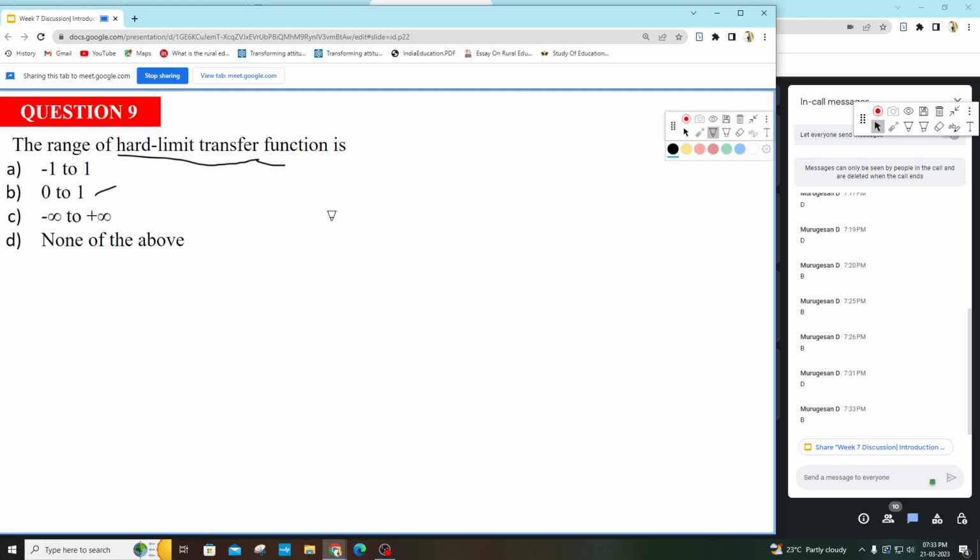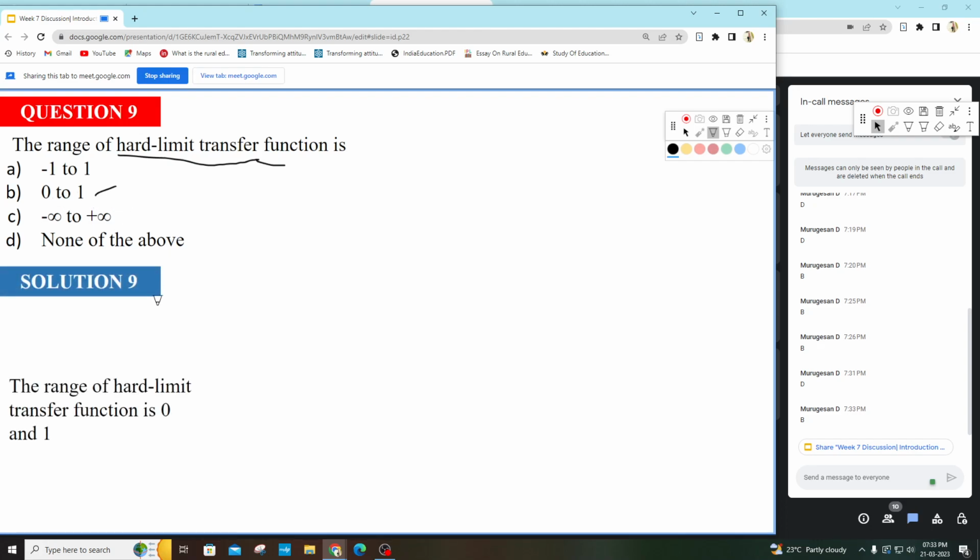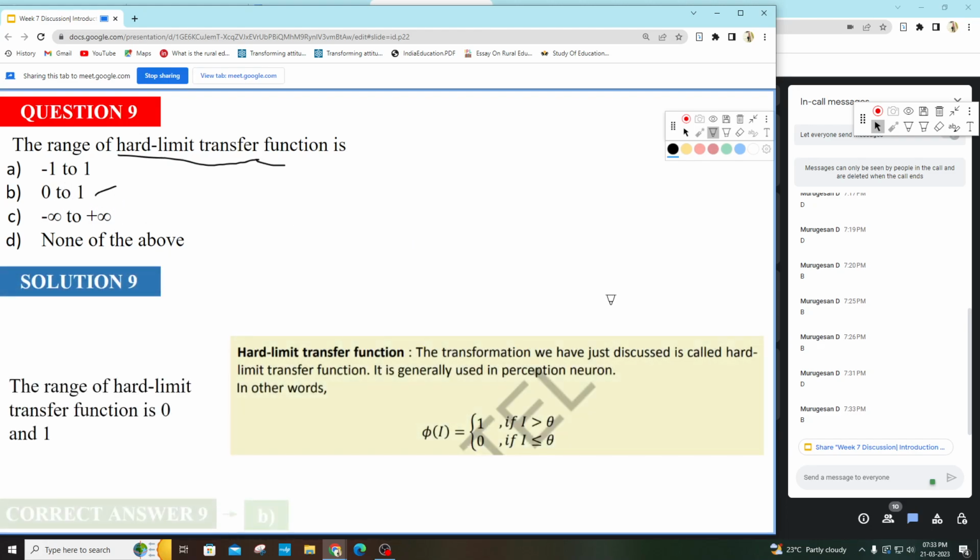Yes, very right. The hard limit function's range is from 0 to 1. This is the 0 and 1. When the summation of input, let's say it is I1, is less than or equal to theta, your output O will be 0.